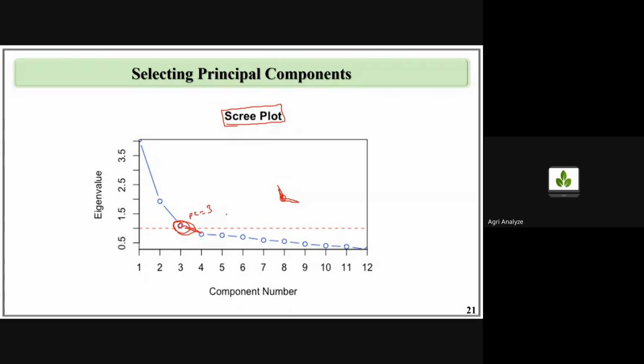I mentioned here it is 1.01, and here it is 0.82, so there is no significant difference between 1.01 and 0.82. So the number of PCs equal to 3 is basically required. This is the basic idea behind the scree plot.